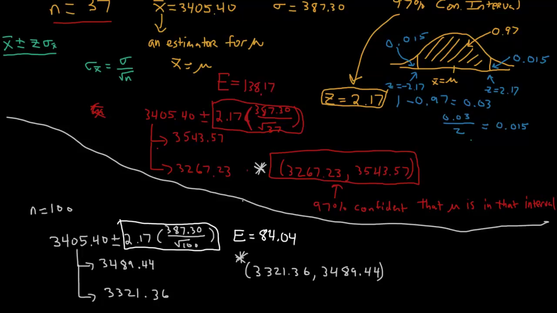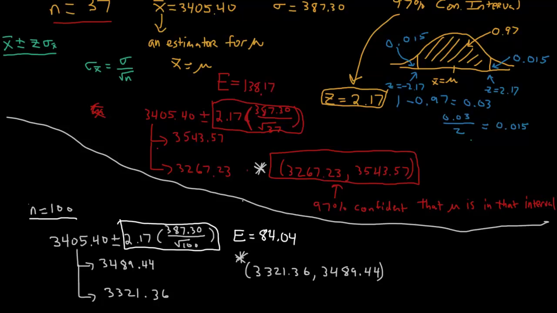So you see how the margin of error was decreased from 138.17 to 84.04 by simply increasing the sample size from 37 to 100.